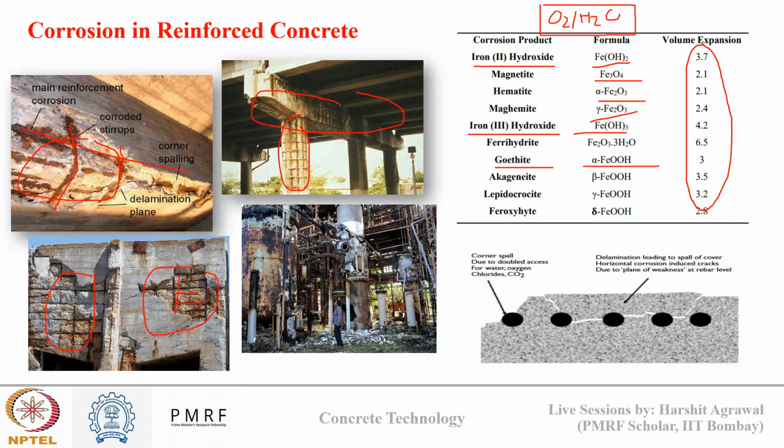And this is an example of a steel infrastructure where you can see severe corrosion damage everywhere. So there are two things happening: either there will be delamination of cover, which will expose the reinforcement directly outside, or there will be spalling of the corner concrete portions, which will expose the reinforcement directly to the atmosphere.